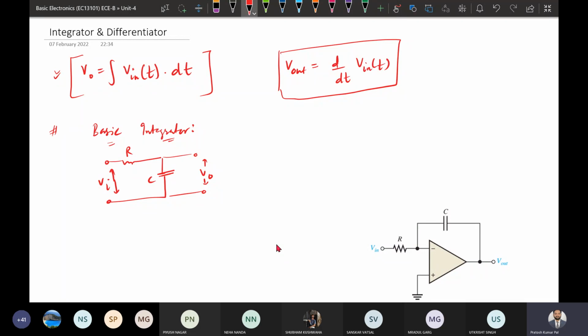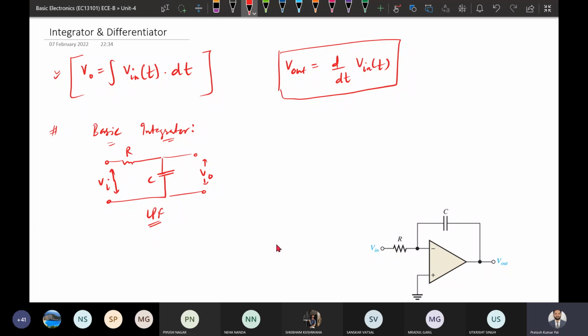So a basic RC circuit is a low pass filter, and this low pass filter behaves like an integrator. That means if we provide input here and take the output across the capacitor in the RC circuit, it will behave like an integrator circuit.